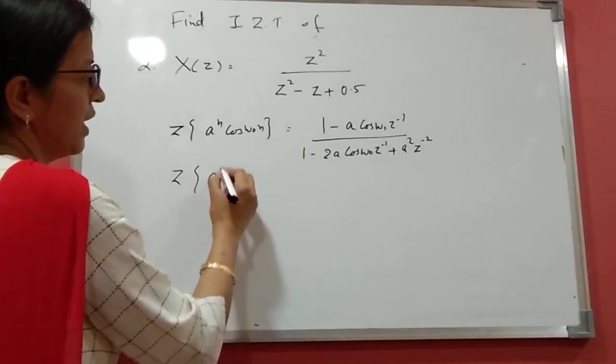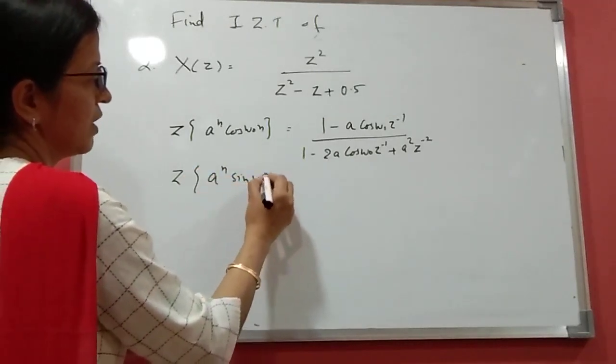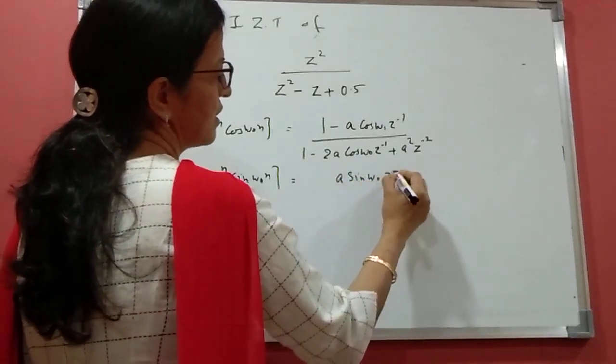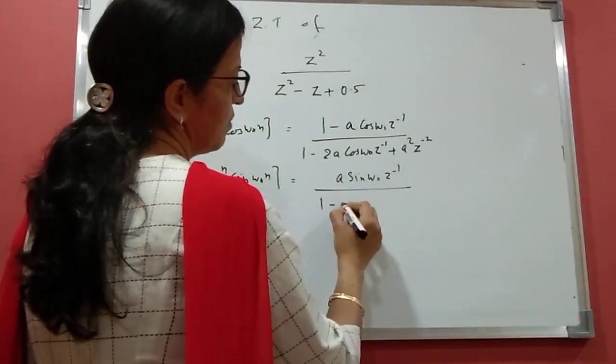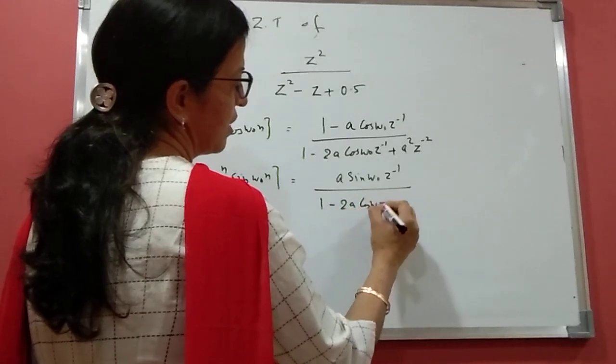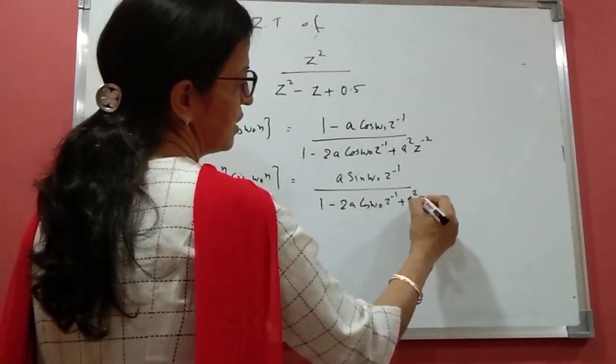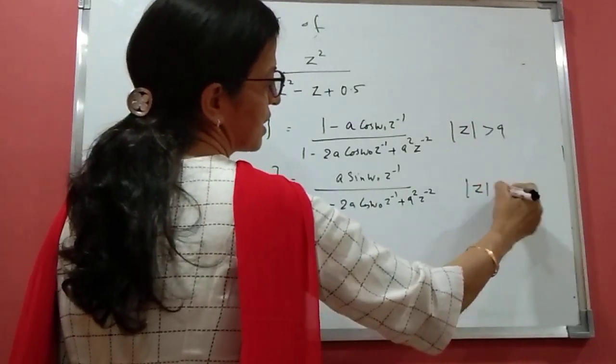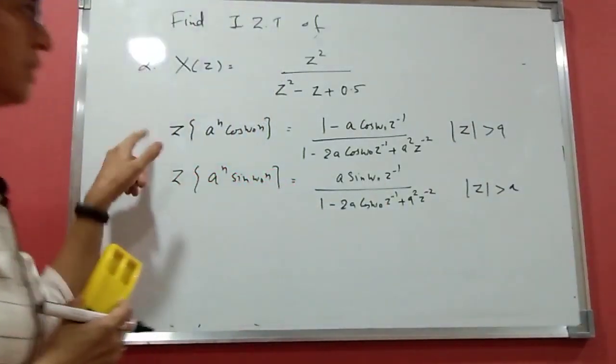Also, the Z transform of a raised to n sin omega naught n equals a sin omega naught z raised to minus 1 upon (1 minus 2a cos omega naught z raised to minus 1 plus a square z raised to minus 2). Mod z is greater than a. This is the ROC of this.